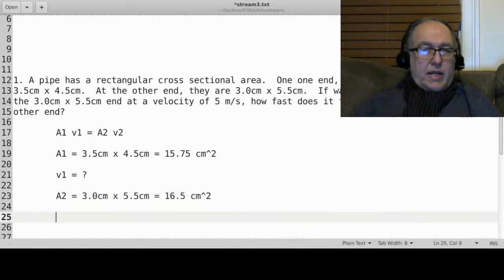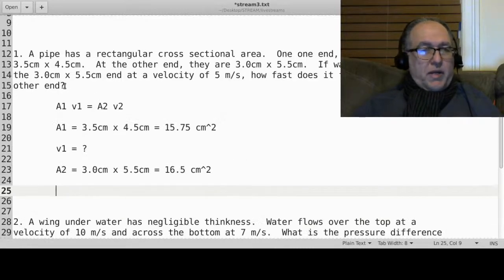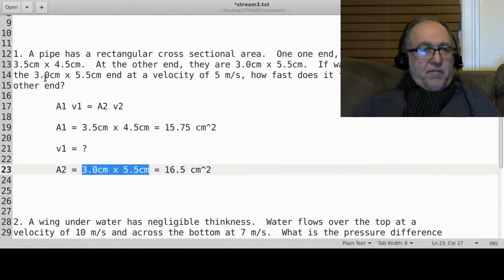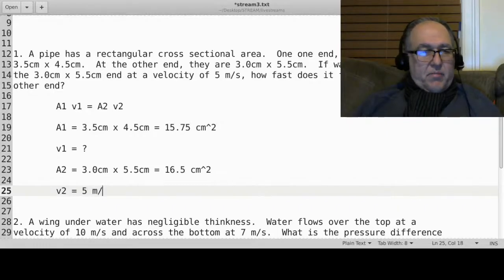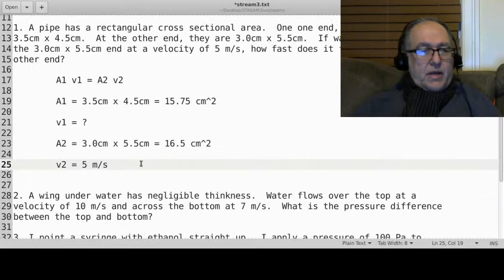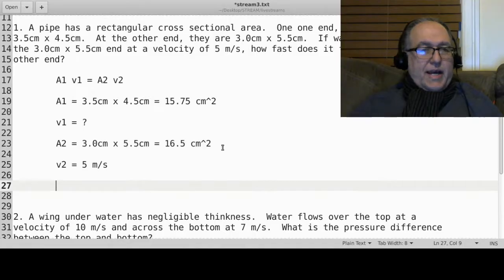And that velocity we know because the 3 by 5.5 end has a velocity of 5 meters per second. So V2 here is 5 meters per second. Great. So it really is that simple.